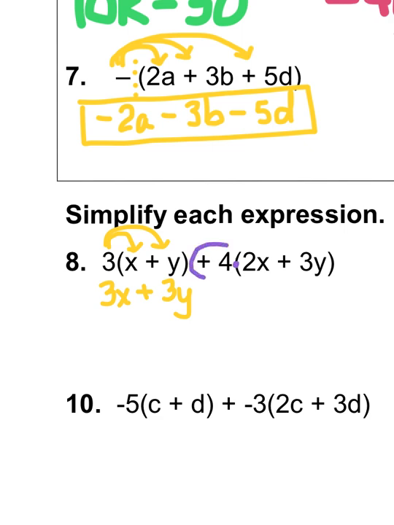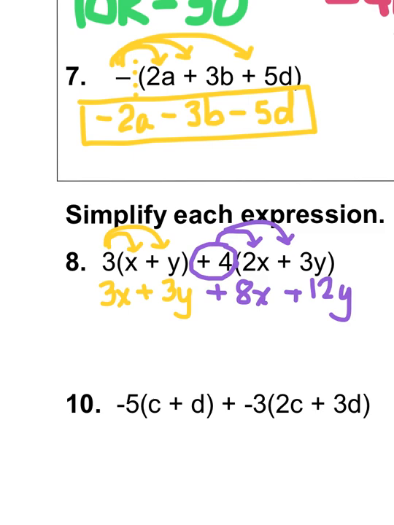So I want you to circle the sign in front of the 4 so you'll be sure to know whether it's a negative or a positive that you're distributing. Positive 4 times 2x is plus 8x. Positive 4 times 3y is plus 12y.